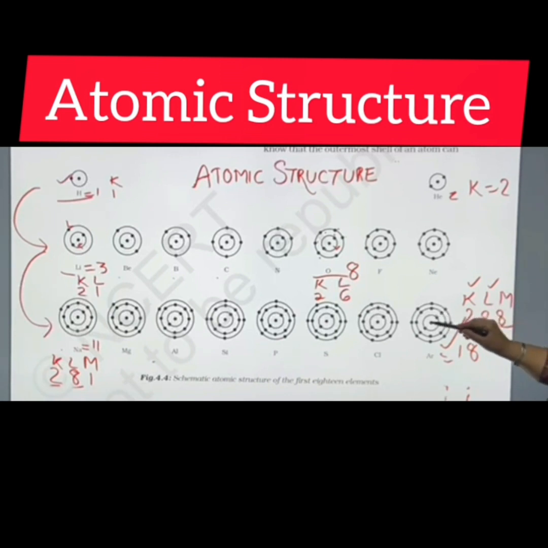That means 2 in the K shell, 1, 2, 3, 4, 5, 6, 7, 8 in the L shell, and in the M shell 1, 2, 3, 4, 5, 6, 7, 8. So this is basically the representation. Your distribution of shells K, L, M basically represents the atomic structure of an atom.